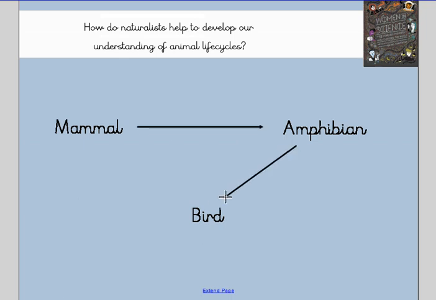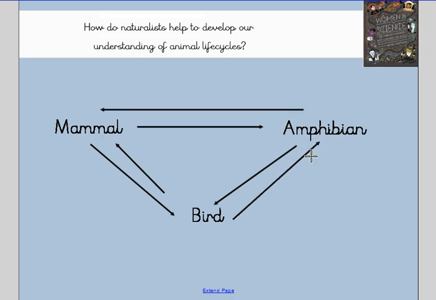So what are the differences between all of these different types of animal? And there were lots of differences, weren't there? We talked about metamorphosis here. We talked about how mammals and birds were very different, with laying of eggs.